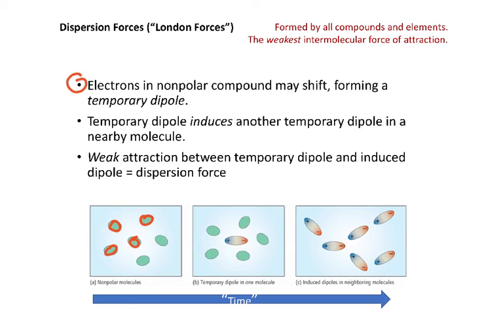So as the electrons are moving around and shifting, what can create is a temporary dipole. This is called an induced dipole, where at a moment in time, a partial positive and partial negative part of the compound will appear. It will be temporary and induced by just the general natural fluctuations of electron density.